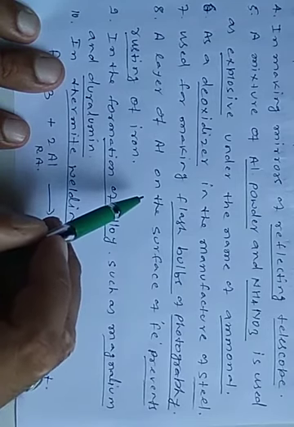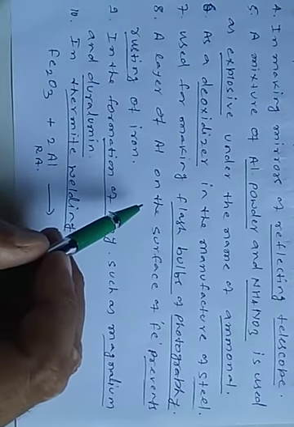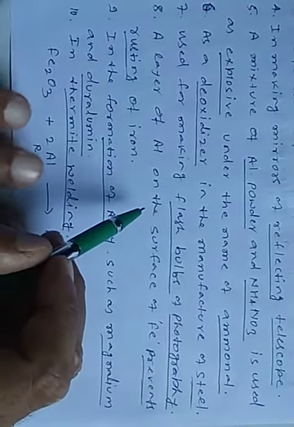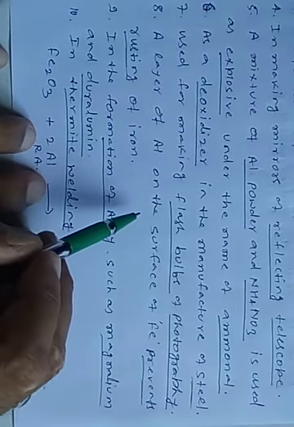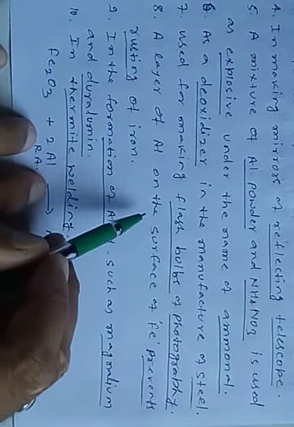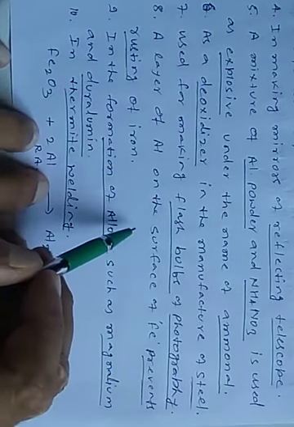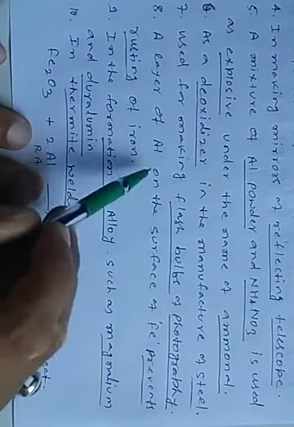If aluminium reacts with moist air, it forms a thick layer of aluminium oxide, which prevents further reaction of the aluminium. So a layer of aluminium on the surface of iron prevents rusting of the iron.